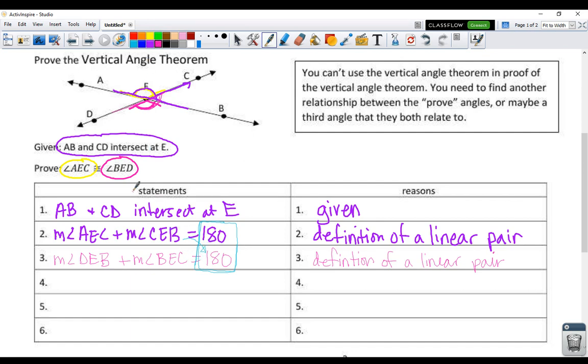So the measure of angle AEC plus the measure of angle CEB, the purple stuff, is equal to the pink stuff, because they both equal 180, therefore they can equal each other.